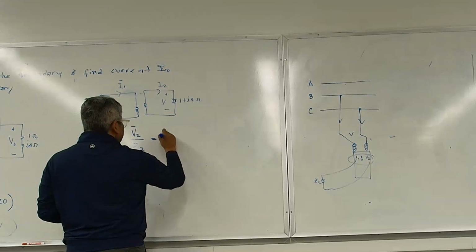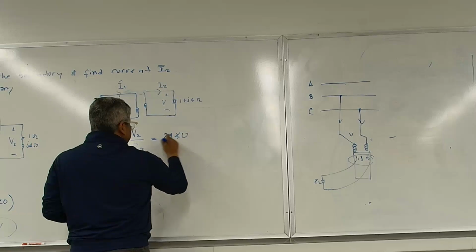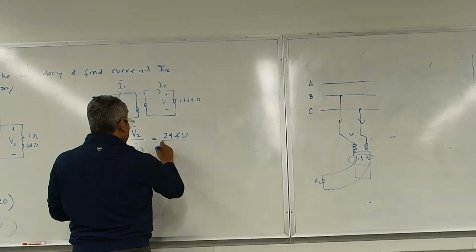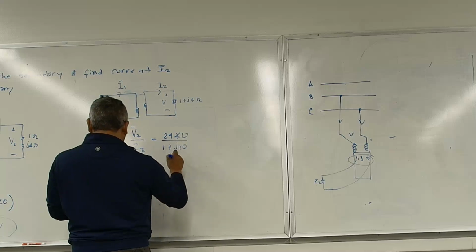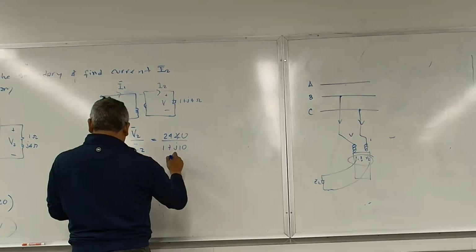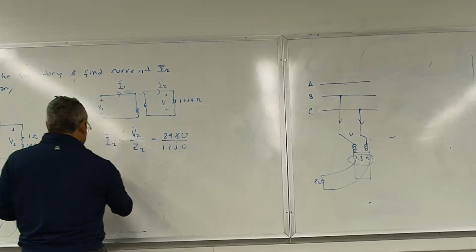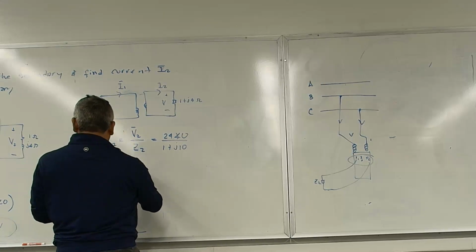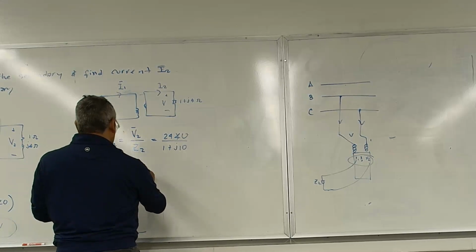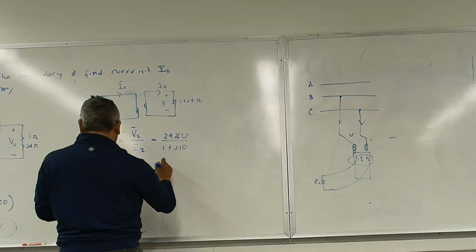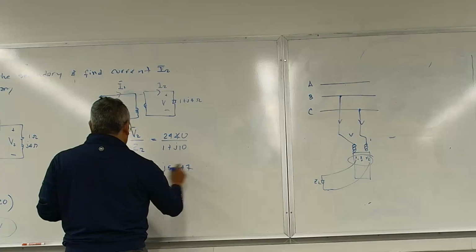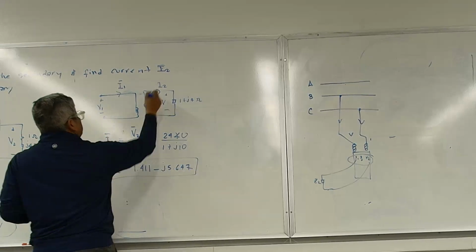So this is equal to 24 volts angle 0 degrees divided by 1 plus j10. Is that what I have? 1 plus j10. So what do I get for I2? It is 1.411 minus j5.647. So this is now the current here.